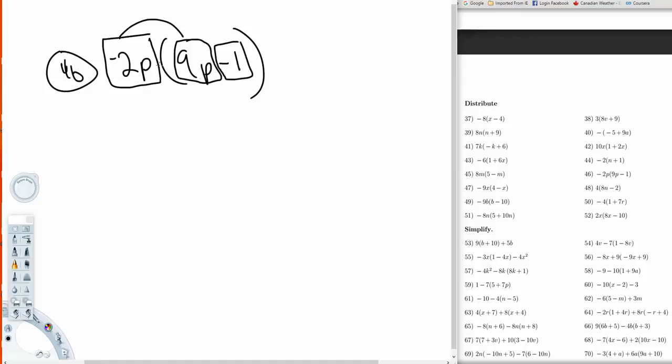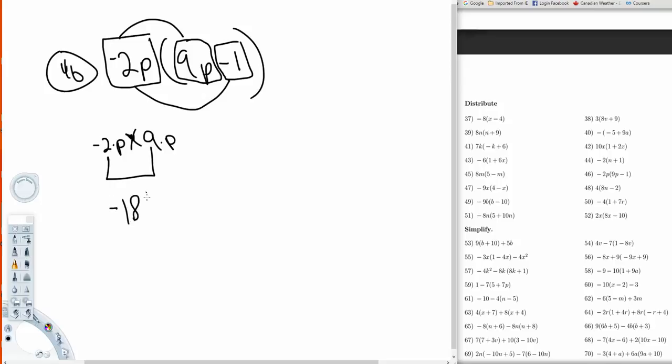So what you're doing is this, then this. What we have is a minus 2 times p, this is what this box is, times 9 times p. If we multiply negative 2 by 9, what do we get? Minus 18.